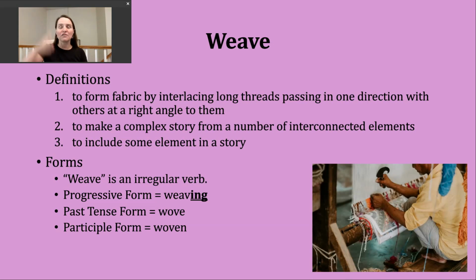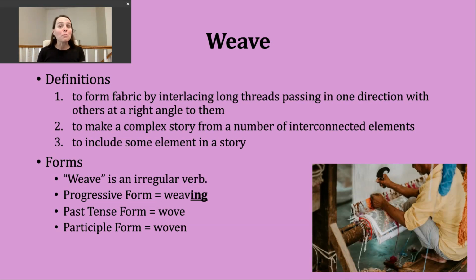You can see a lot of long white threads going vertically, right? And it might be hard to tell from this particular picture, but someone is now working horizontally, so that's that right angle, to form some fabric or some sort of piece.